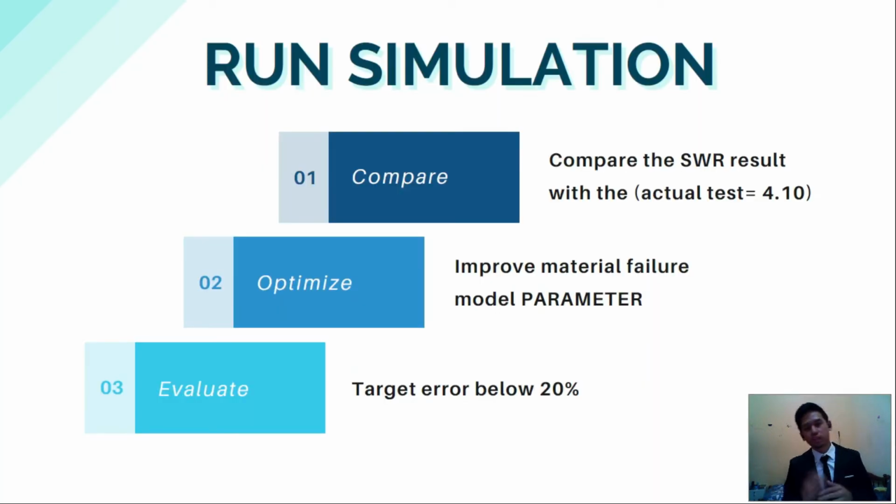Then I run the simulation, and of course I want to compare the SWR result with the actual test, which is 4.10, and improve the material failure model parameters in the current FE model to get a percentage error below 20% from the actual test.